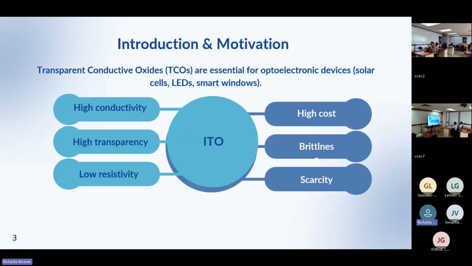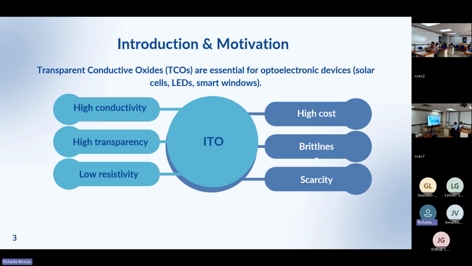So transparent conductive oxides, we all know, also known as TCOs, are everywhere in displays, solar cells, LEDs, and sensors as well. And the go-to material has always been indium tin oxide for decades because it offers us excellent transparency and excellent conductivity.